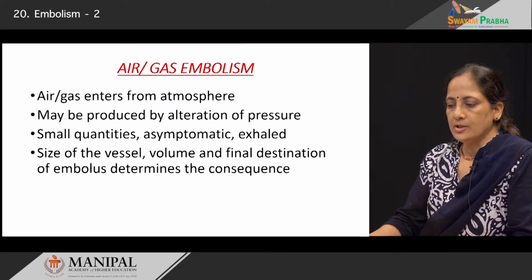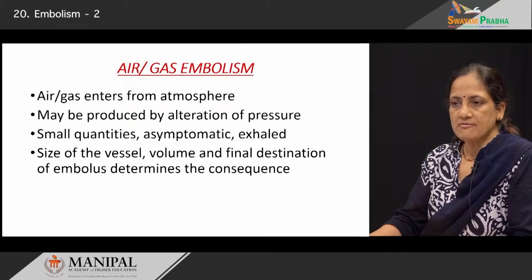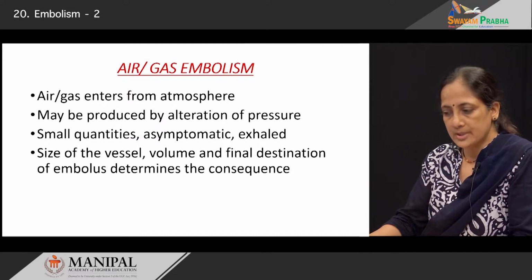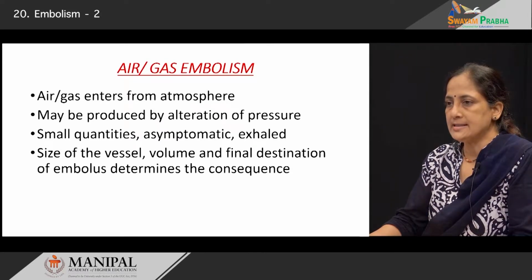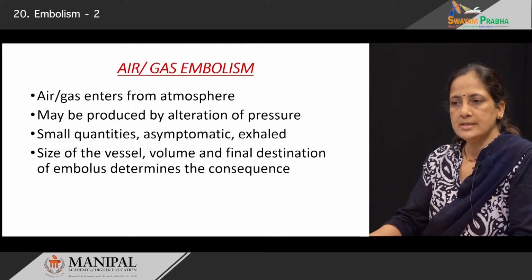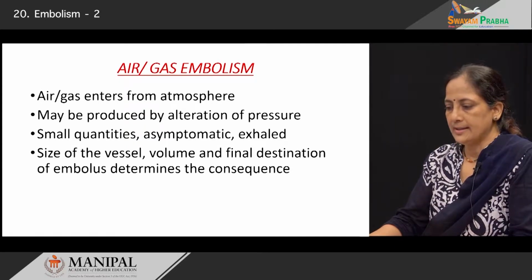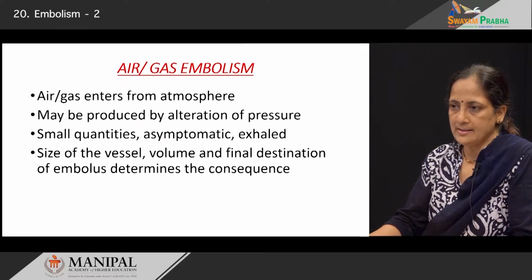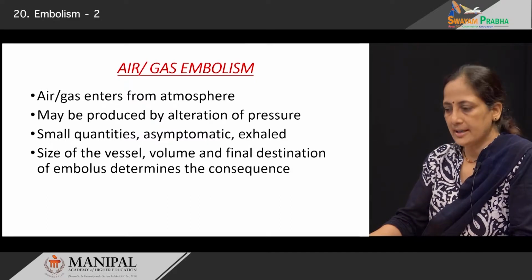This air usually enters the circulation from the atmosphere, or it can be produced within the body when the body is subjected to wide differences in atmospheric pressure. Small quantities of such air emboli are usually asymptomatic. They can reach the alveoli of the lungs and be exhaled.